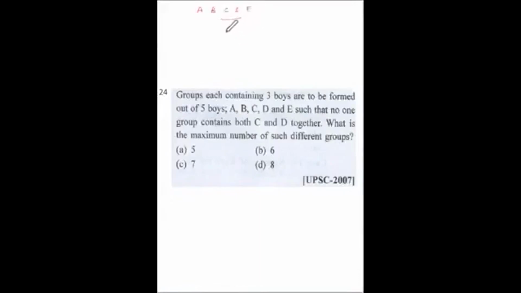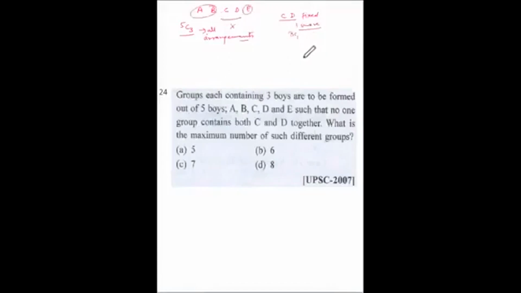It means out of 5 we have to select 3 boys, 5C3. So this is all arrangements, total arrangements, and we have to see how many arrangements will be there where C and D are together. When C and D are together, they are fixed, so one more is required. One more out of 3, so 3C1.